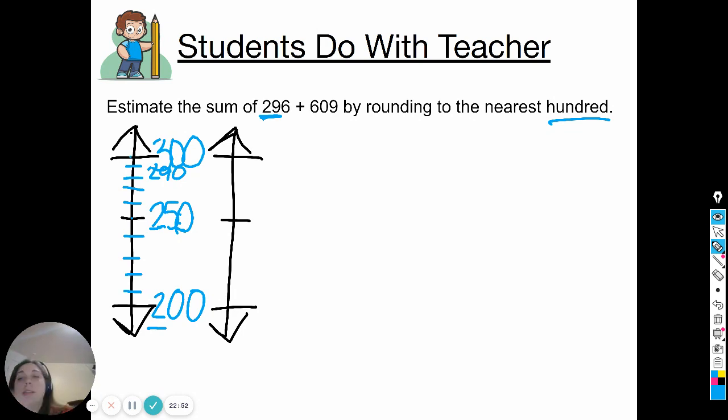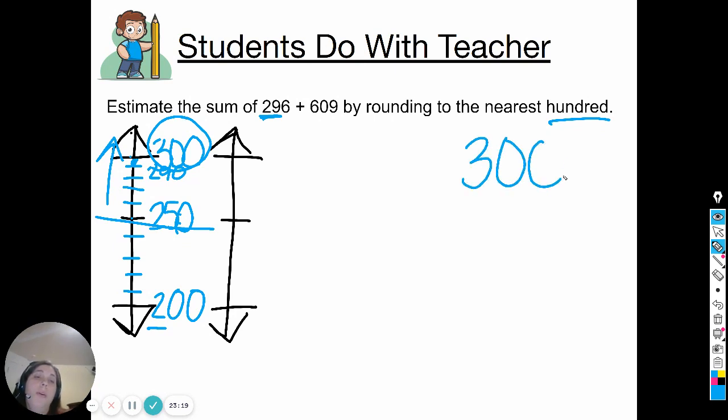So 296 is above 290, but not quite to 300. So I'm going to plot my point there in the middle. It is above halfway, which means we round up to the top number, which is 300. Go ahead and put your 300 over here on the side of your whiteboard. Have it ready to add.